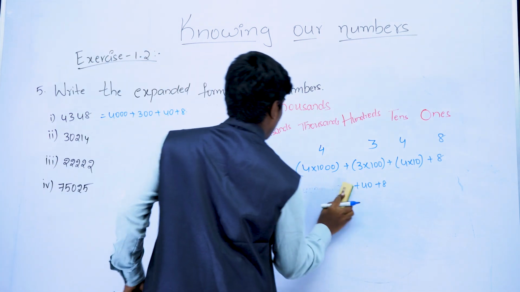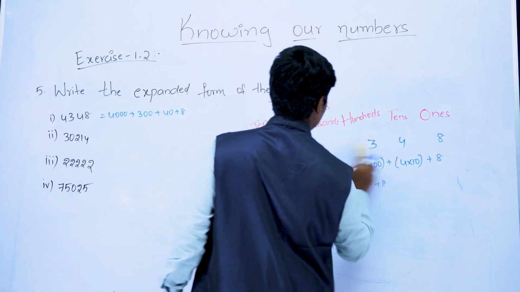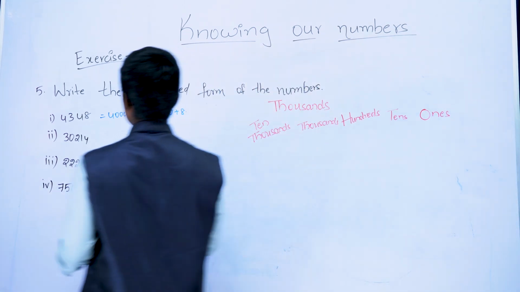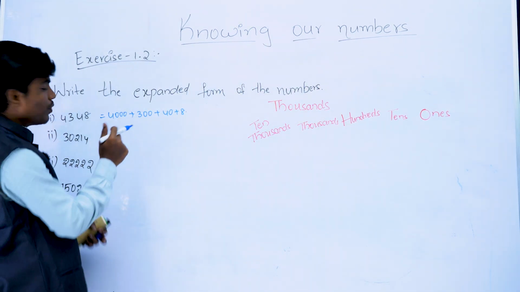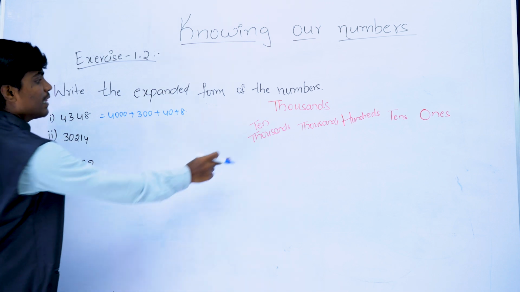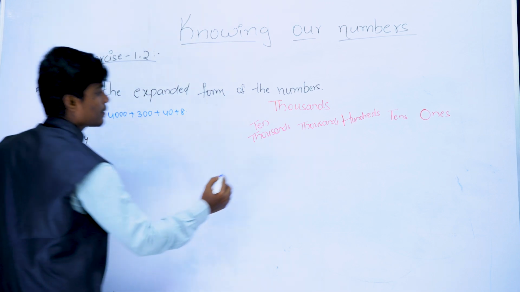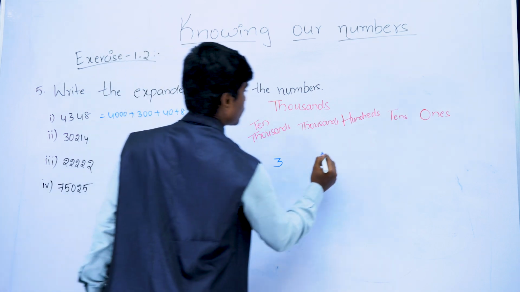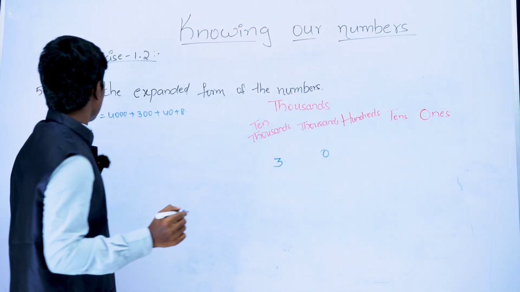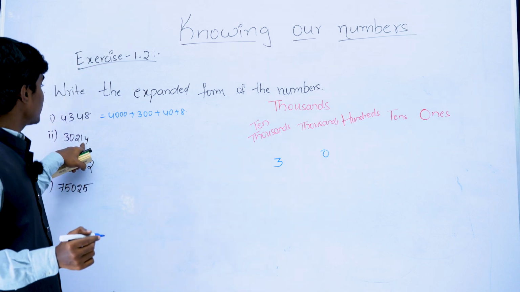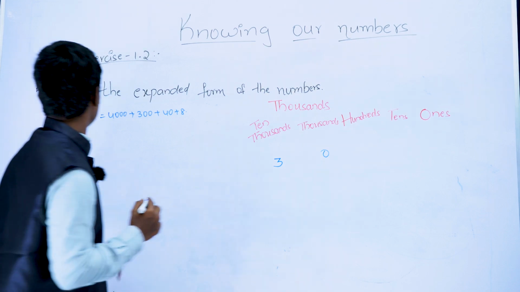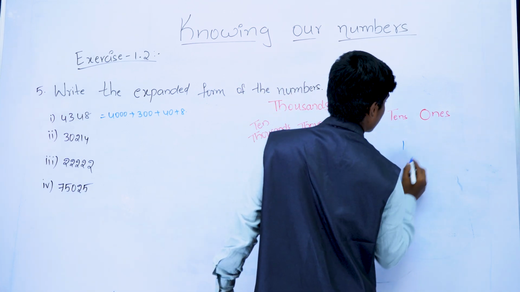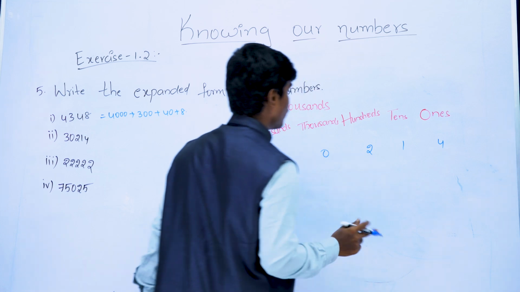Now let's move to the second problem. Here he gave 30,214. See, in 10,000s place we have 3. In thousands place we have 0. Here 2 in hundreds place, 1 is in tens place and 4 is in ones place.